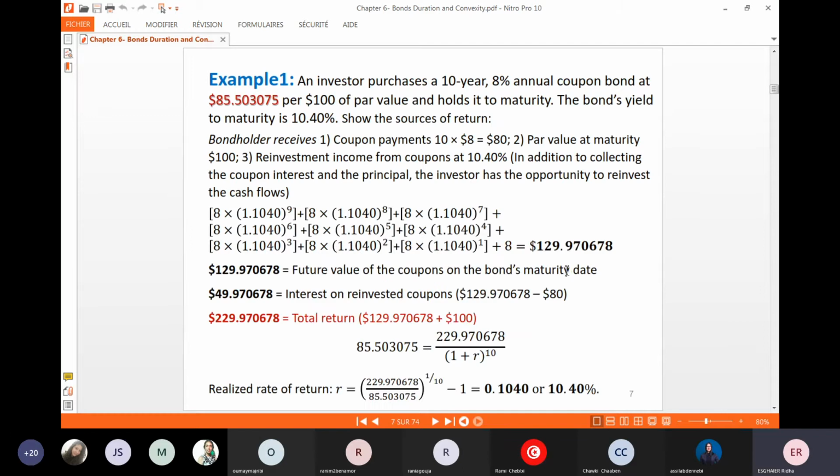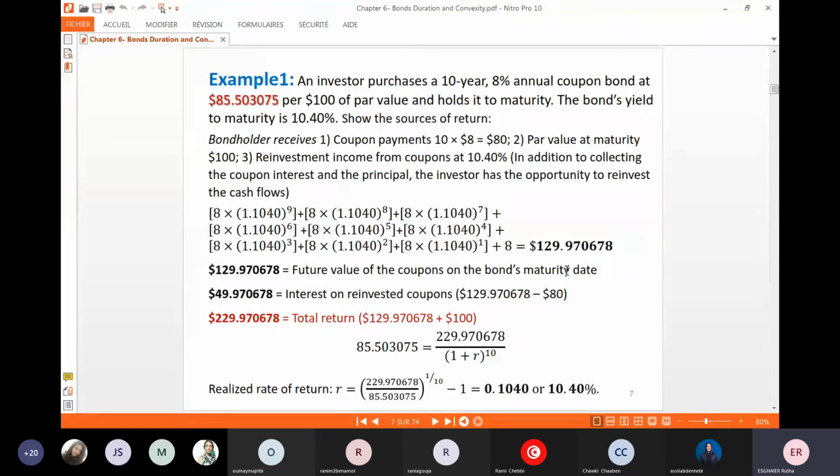In example 1, we have a buy and hold investor. What does buy and hold investor mean? A buy and hold investor is an investor who buys the bond and holds it until the maturity. He will not sell the bond prior to the maturity.